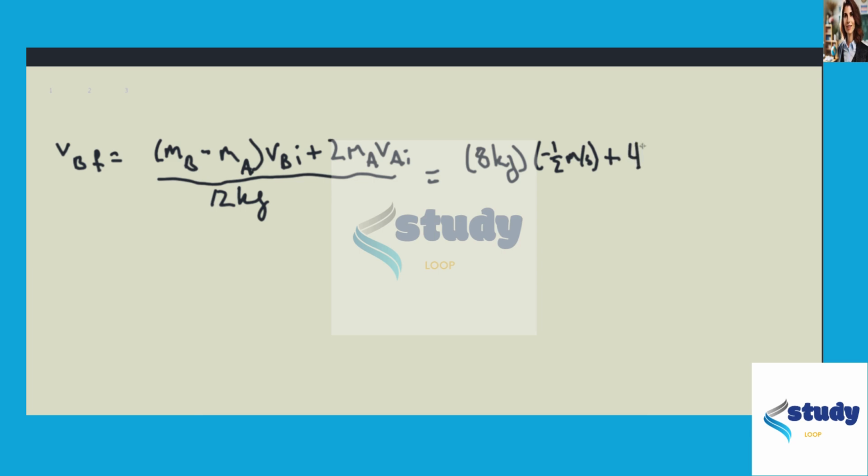Multiplying 2 by 2, we get 4 kilograms times another 2 meters per second. All this over 12 kilograms.